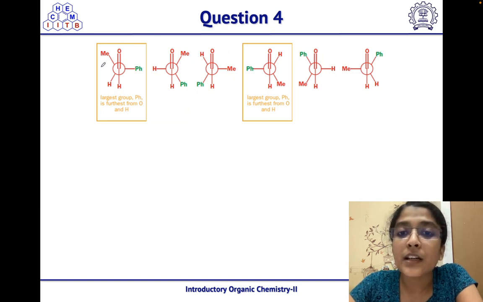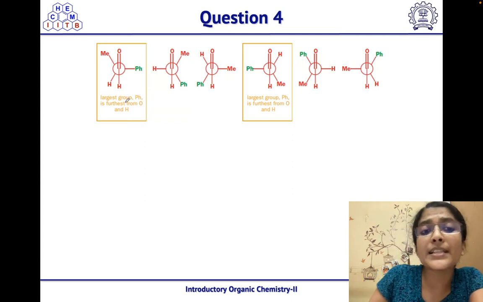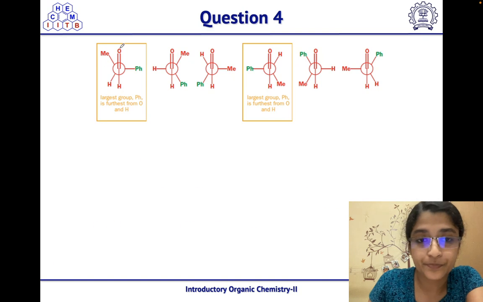So these six are the possible conformations for this ketone group. Out of these, when the largest group, here the phenyl group, is farthest from the carbonyl group, that conformation will be more stable and facile for undergoing nucleophilic addition.